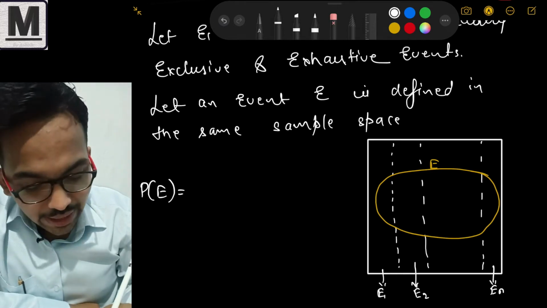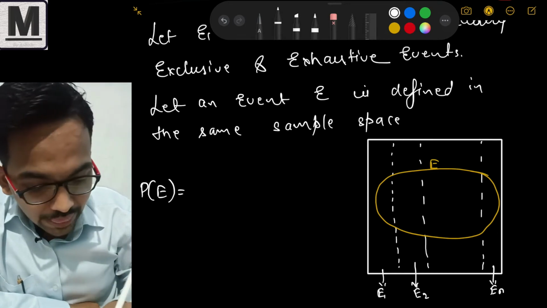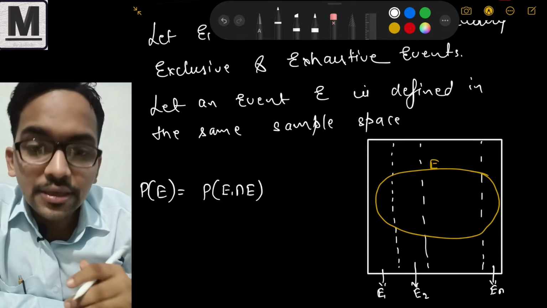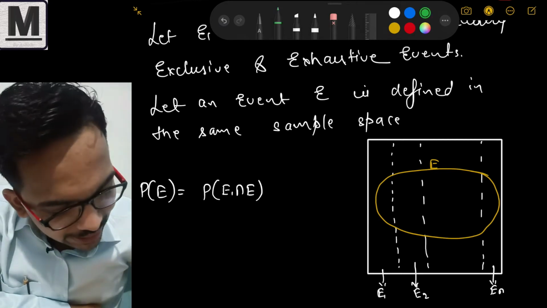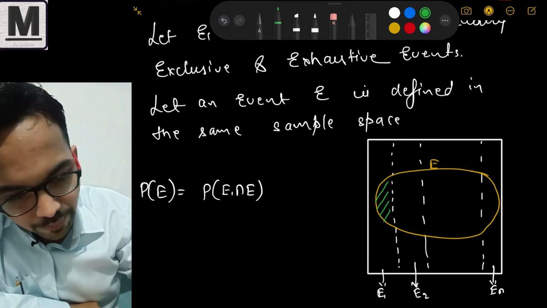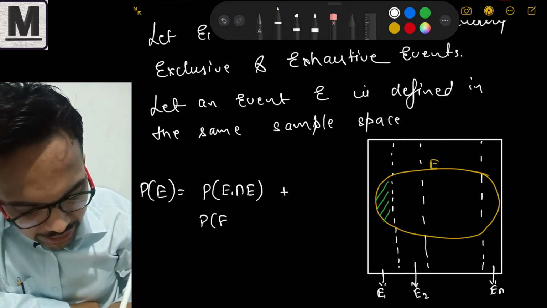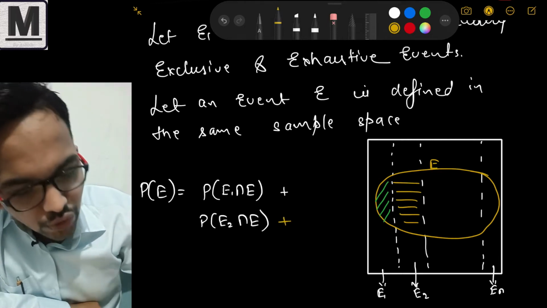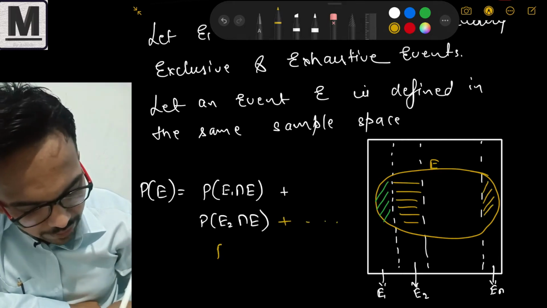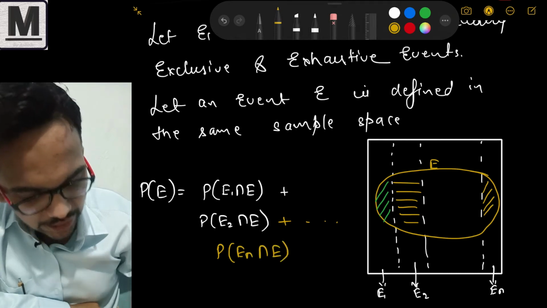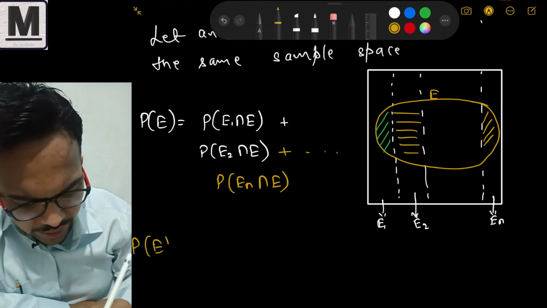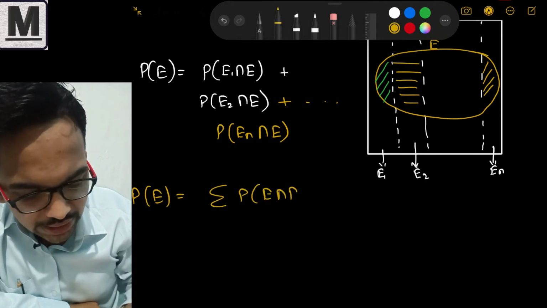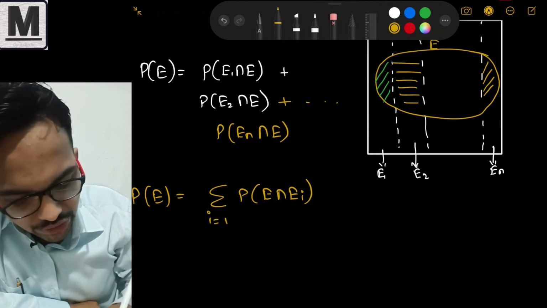So the probability of E would be equal to the probability of E1 intersection E, meaning E1 and E both occur at the same time, this region, plus the probability of E2 intersection E, this region, and so on up to the probability of En intersection E. Or you can say the probability of E equals sigma of the probability of E intersection Ei, from i equals 1 to n.